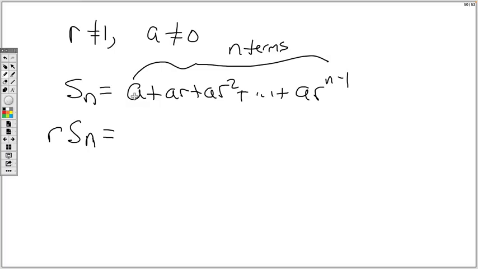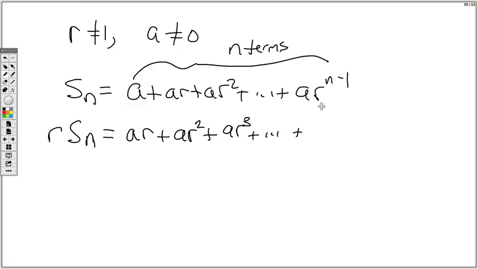You with me? So I'm going to multiply everything by r. So r times S_n is going to multiply all these things by r. I'll have an ra. Whoops, put it the other way. ar. This would get bumped up to ar what? Squared. This would get bumped up to ar cubed.